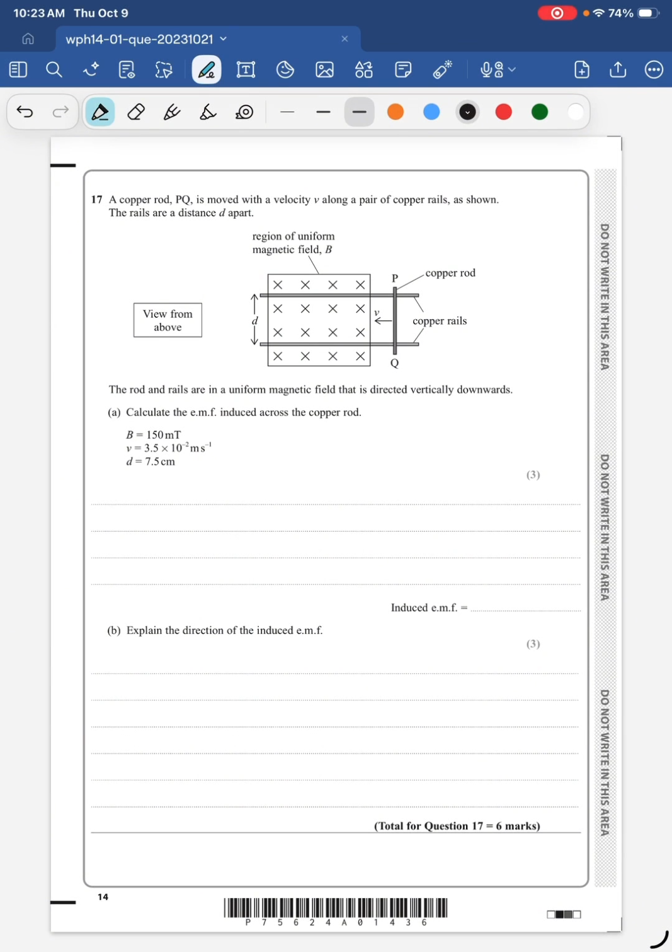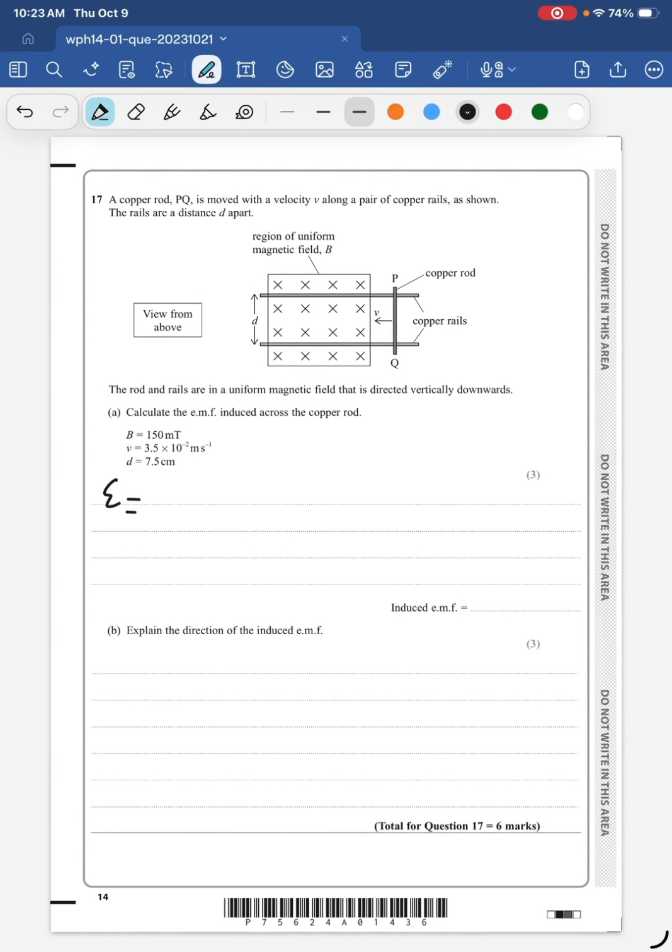And we are given the magnetic flux density, the velocity of the rod, and the distance between the copper rails, so this distance, okay. So let's start from the basics.